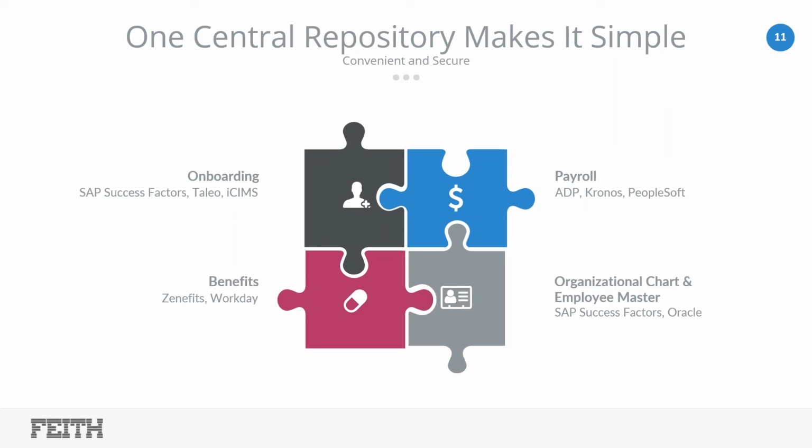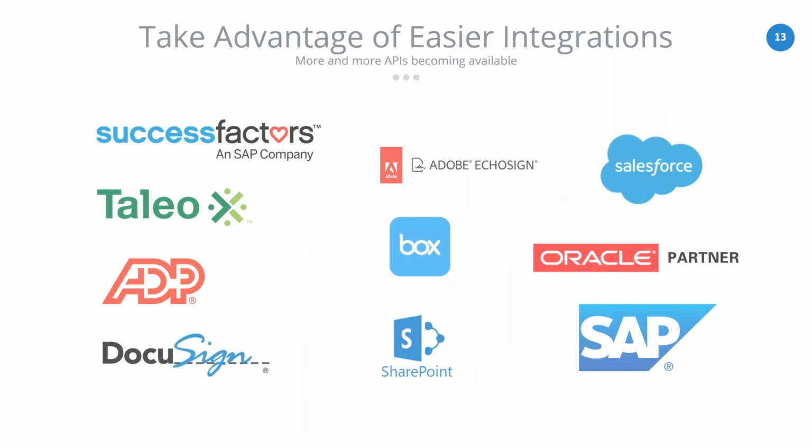Okay? So, as I was saying, we're strategic partners at Feith Systems with all these different companies, SuccessFactors and Taleo and ADP, and all these other guys, and they have great integration points, and they have all these different common methodologies.